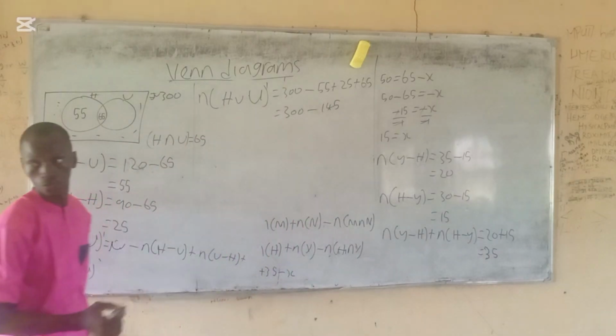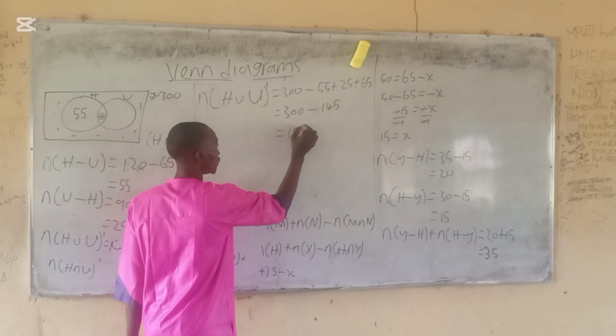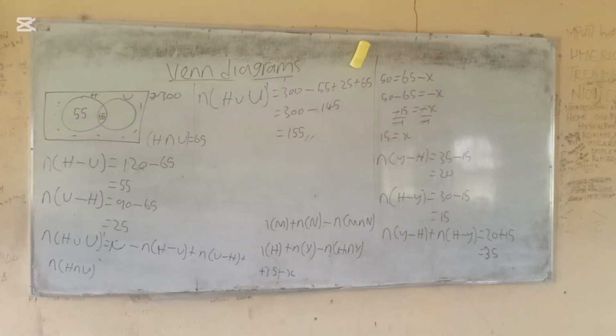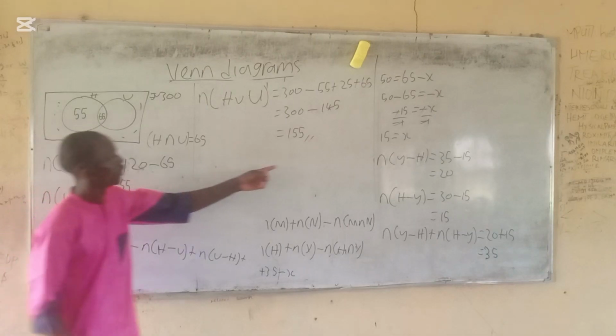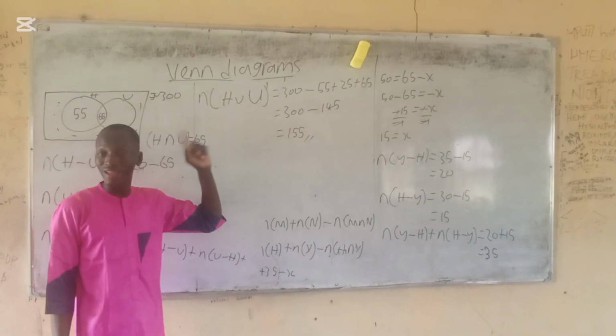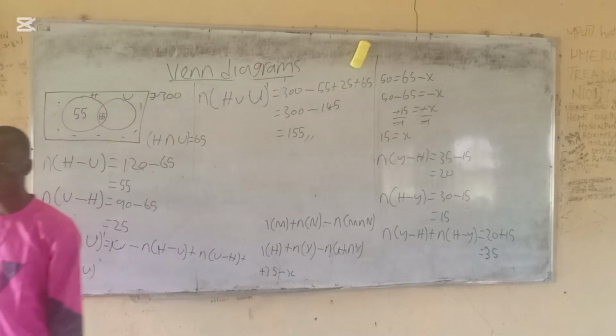And 300 minus 145 gives us 155. Which is we have 155 recruits that are neither holders of university degrees nor higher national diploma. Do you understand? Yes.